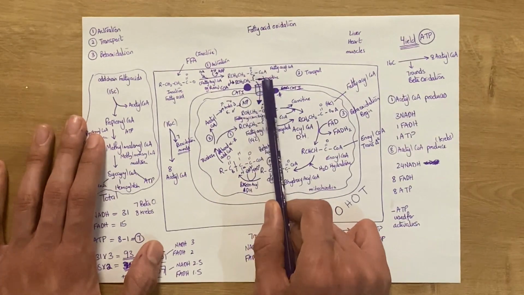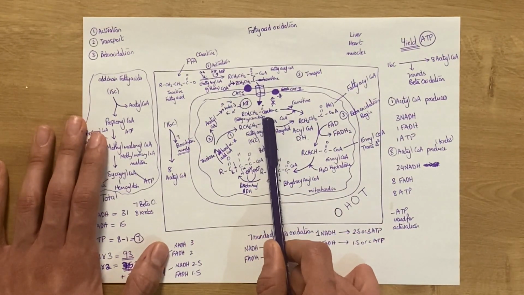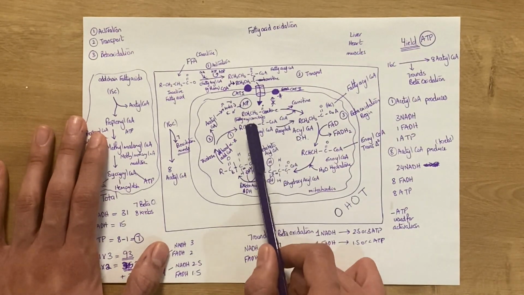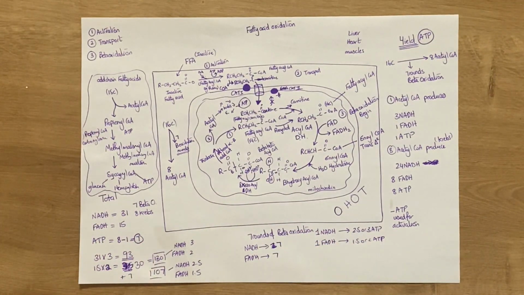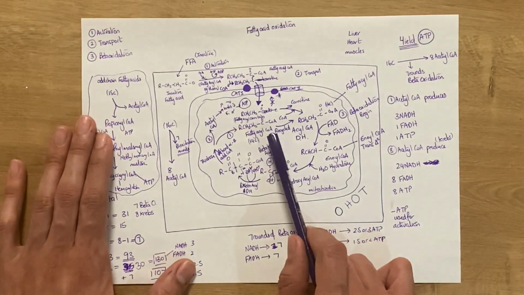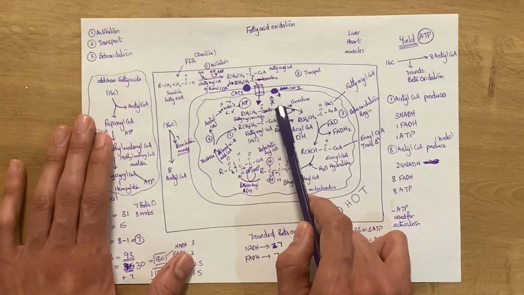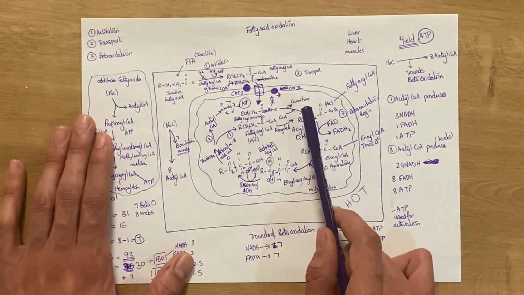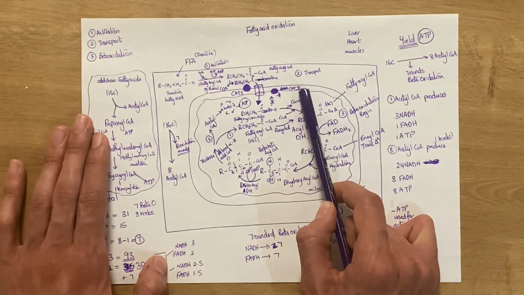Now that fatty acyl carnitine is produced, it's transported into the mitochondria. Fatty acyl carnitine is inside the mitochondria. Now we want to get back to our original molecule to be able to use it in the beta oxidation that will take place in a bit. This fatty acyl carnitine is acted upon by a second enzyme called CAT2, which is carnitine acyl transferase number 2.